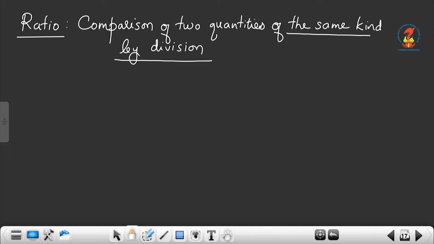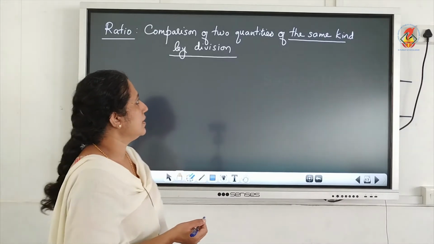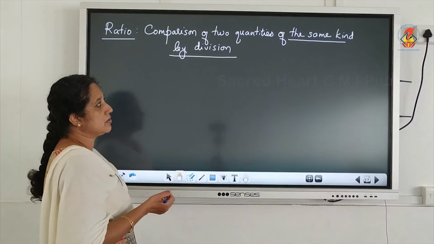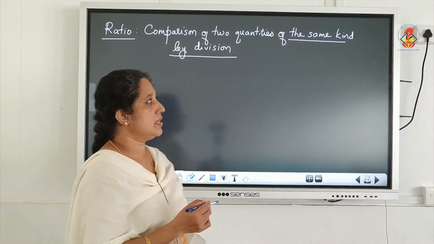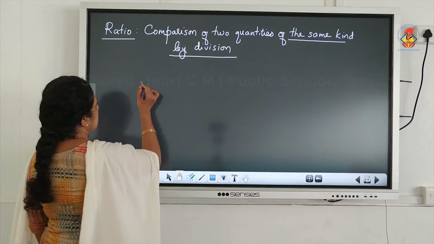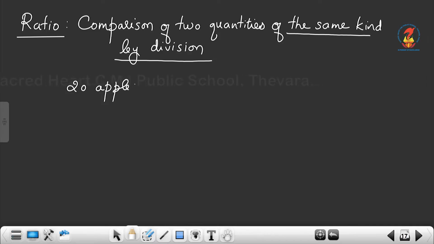So, you have already learned about these ratios and percentages in lower classes. So, we have to recall all those things. Ratio means the comparison of two quantities of the same kind by division. So, consider a basket that contains 20 apples and 5 oranges.